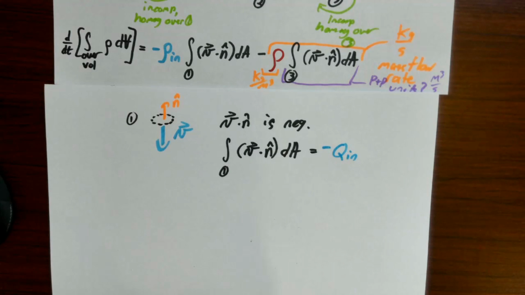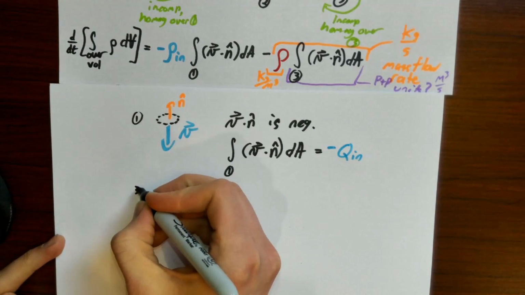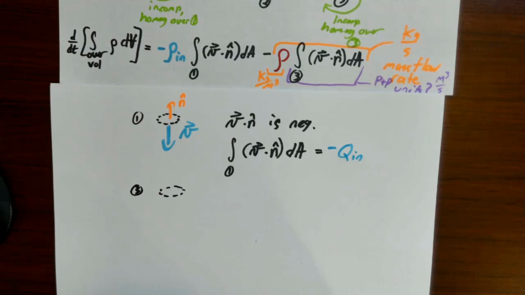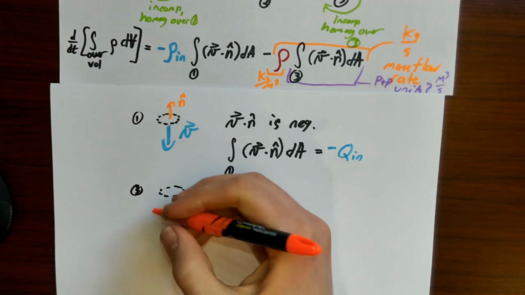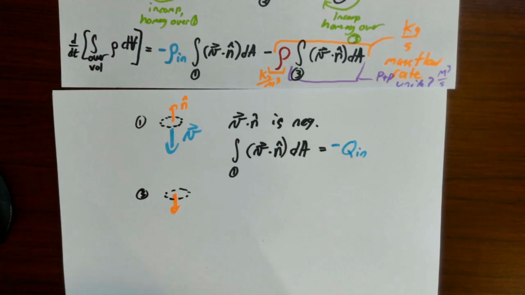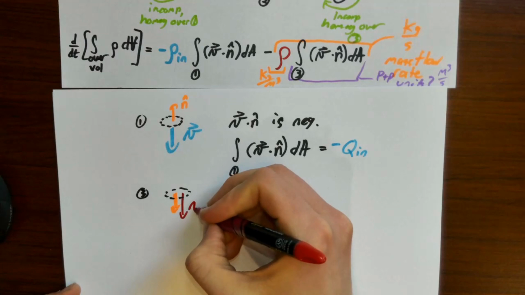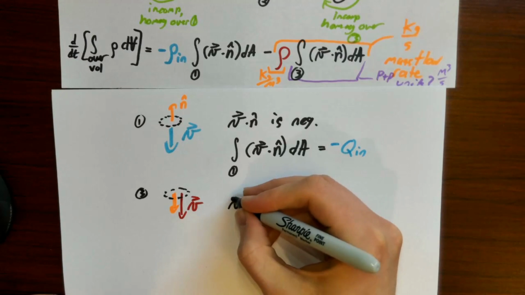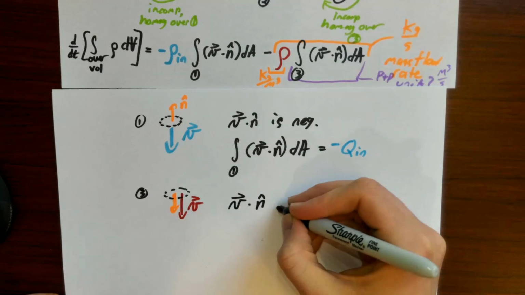Conversely, if we think about surface 3, where the outward pointing normal points in the same direction as whatever velocity we have at our outlet, in this case v dot n is positive.